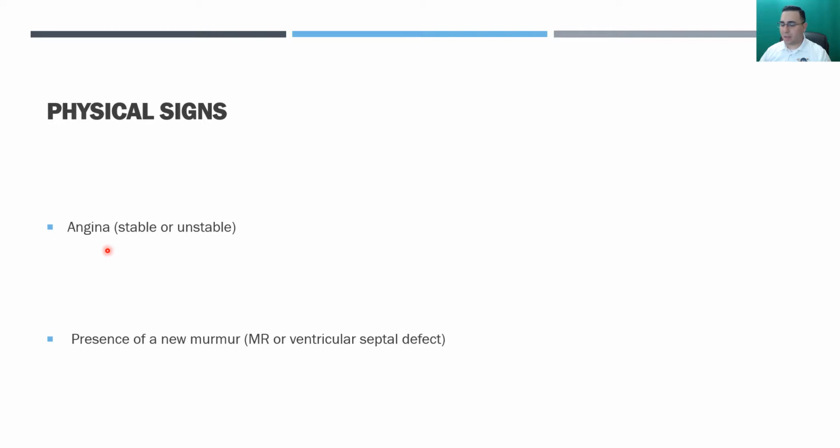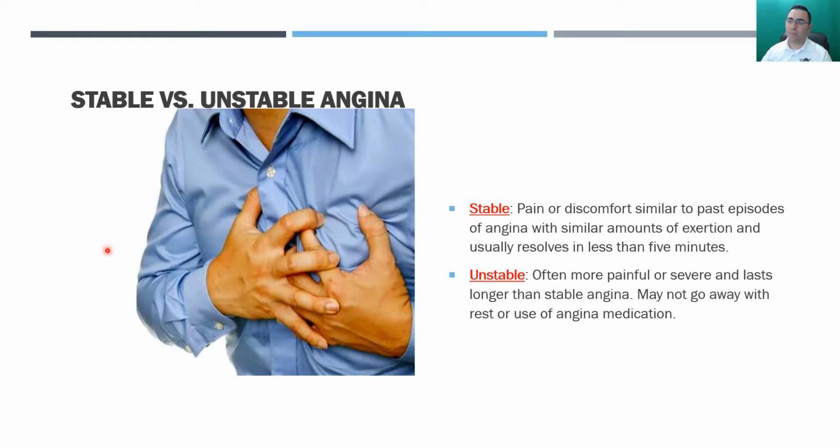And let's talk a little bit about this angina here. Okay, the angina, as I said before, it could be stable. And stable means that this pain or discomfort that the patient is going to present, which I can say is more like a sensation of oppression in the chest. All right, that's what the patient is going to complain about.